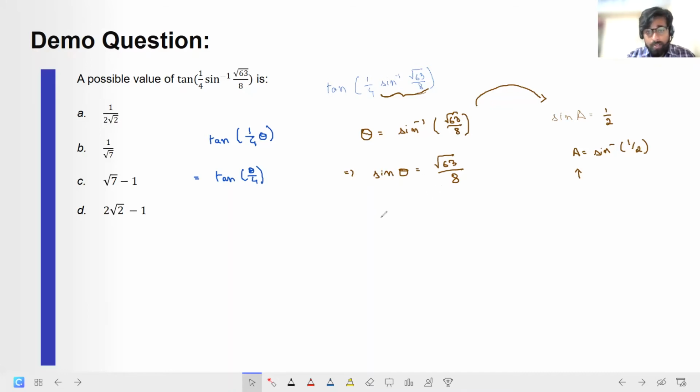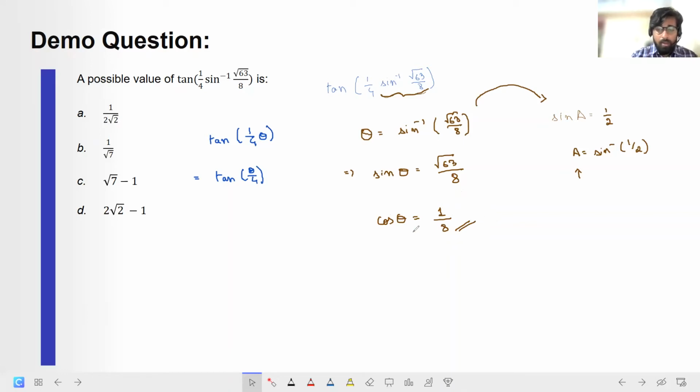I know the value of sine theta, so the value of cos theta is going to be nothing but the square root of 8 square minus root 63 square. If I do that, I get the value of cos theta to be 1 divided by 8. If you're finding it tough, you can always draw a triangle and figure out the value of cos theta.